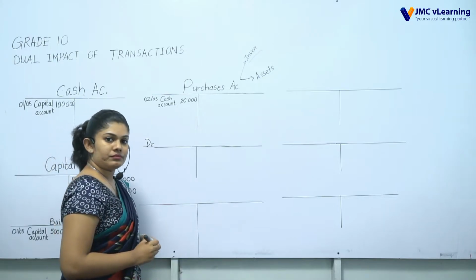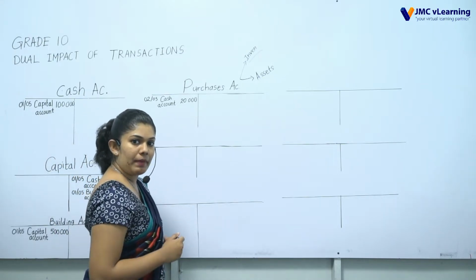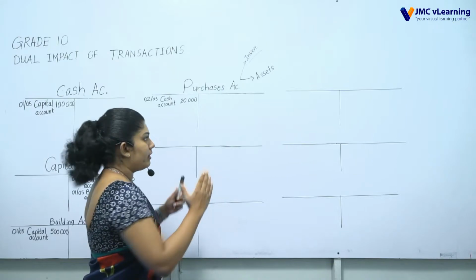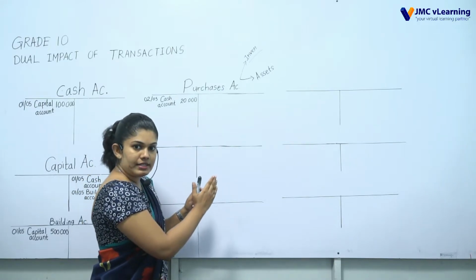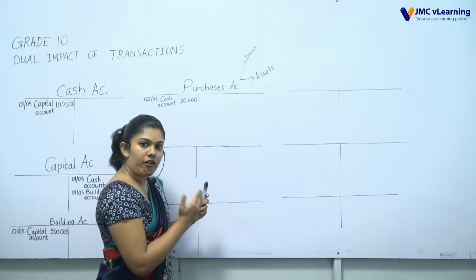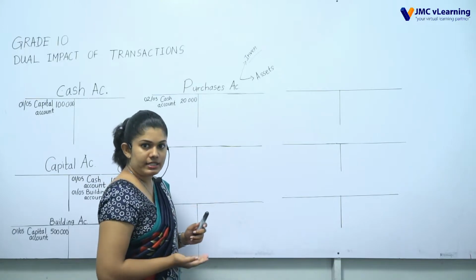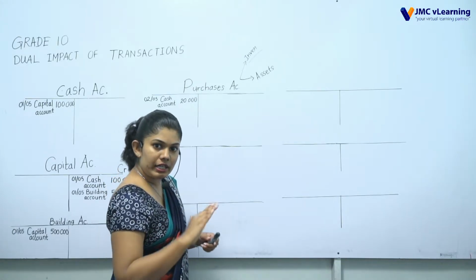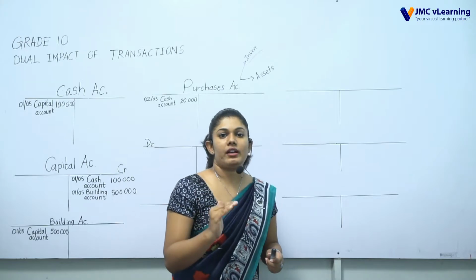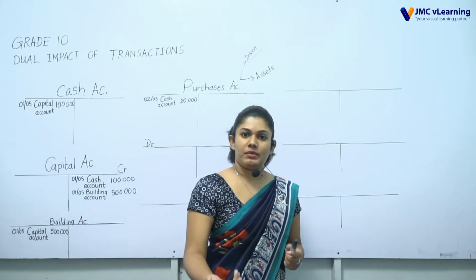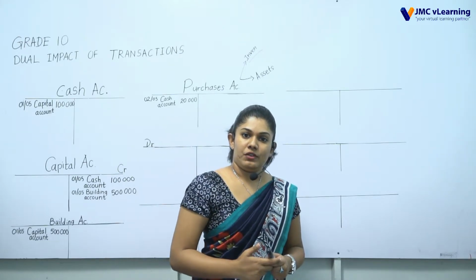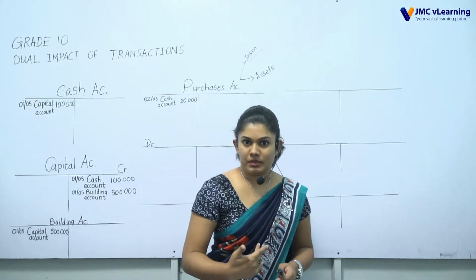And the other impact. Now here, the expense increased. Therefore, we record it in the debit side. And the other impact, cash decreases, because in order to purchase something we have to give cash. When we are giving cash, only then do we receive something.